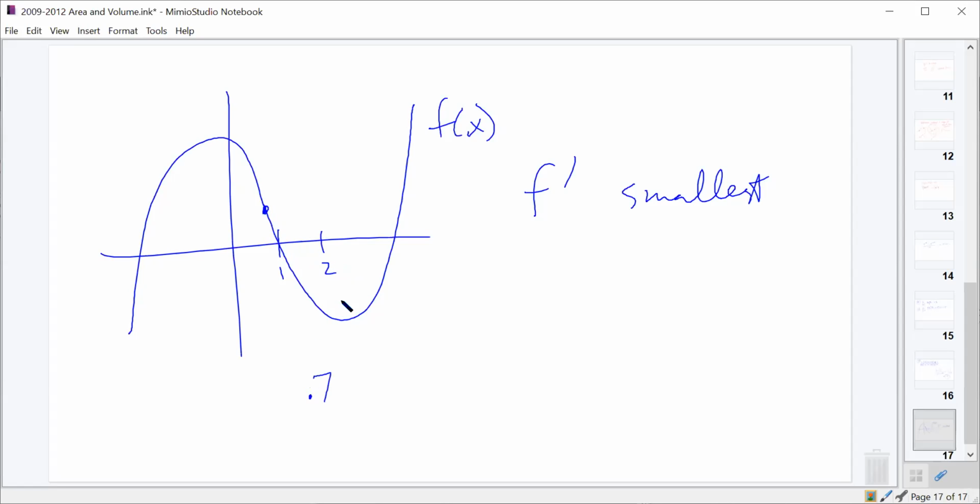It's definitely not at 2.7, right? 2.7 is over here near where that minimum is. And for the negative values, our rate of change is very large because we're at positive slopes there. Does that make sense? When is our derivative the smallest? When is our rate of change the least? Everybody good with that one?